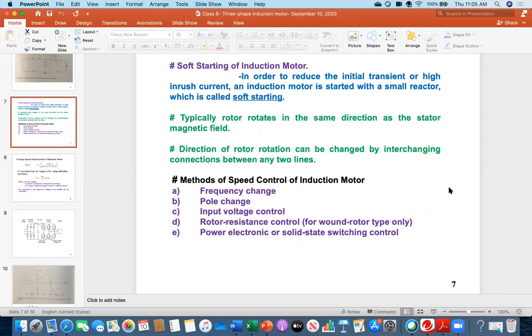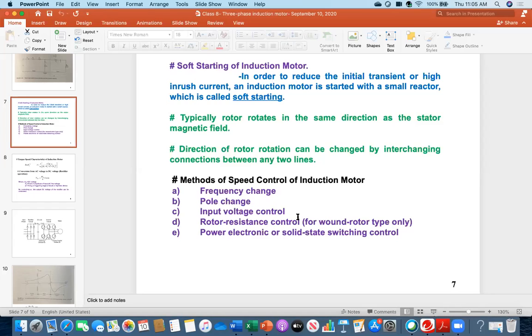Yes, sir. I have one question about the speed control methods. Are they all equally able to be controlled dynamically, or are some of these methods harder? And are we also going to talk about which methods are most efficient? Yes, all methods can be equally applied and they can control dynamically as you are asking.